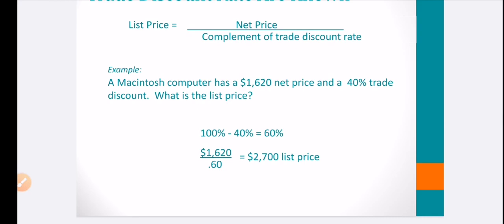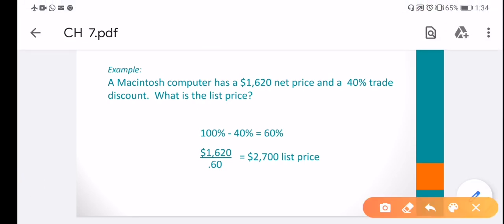And then we say list price equals the net price, which is 1,620, divided by the complement, which is 0.6. And we calculate this and we will find that the list price equals 2,700.